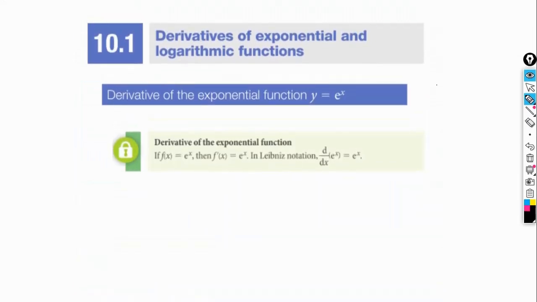So specifically, we're going to be doing 10.1, which is derivatives of exponential and logarithmic functions. And first, we're going to see the derivative of the exponential function, y equals e to the x. One of the interesting things about Euler's number is that the derivative of Euler's number to the x is equal to Euler's number to the x.